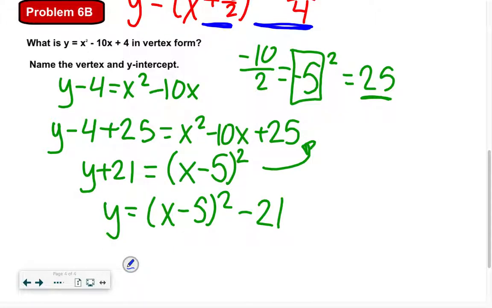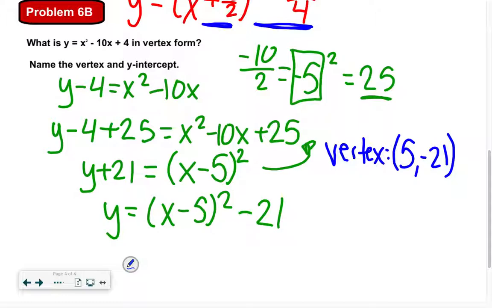Now we just gotta answer the questions. Question 1. What is my vertex? Positive or negative 5? Which one? Positive 5. 21 negative or positive? Negative. Why is it?